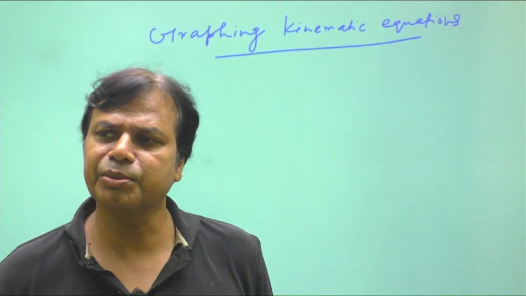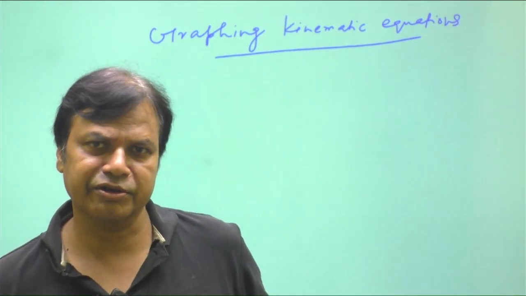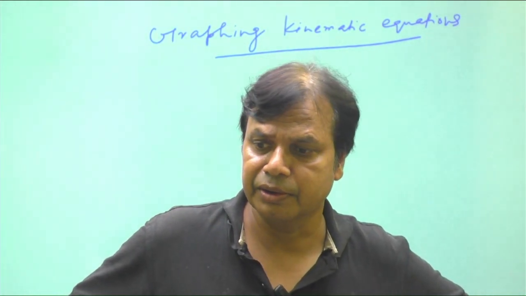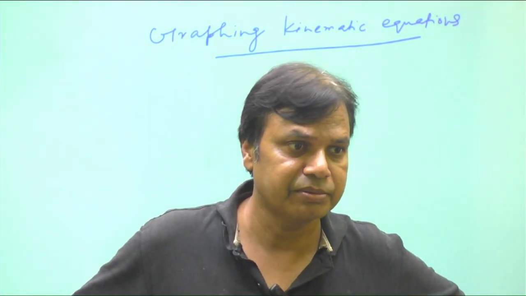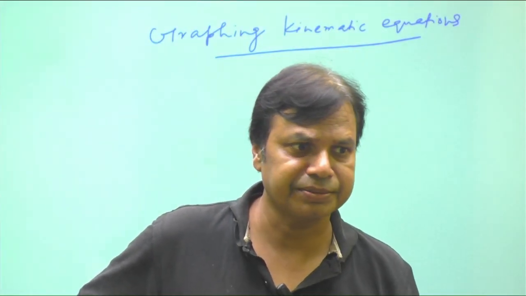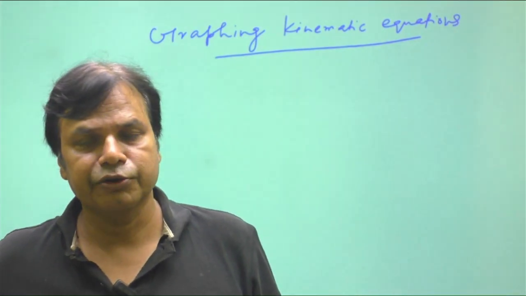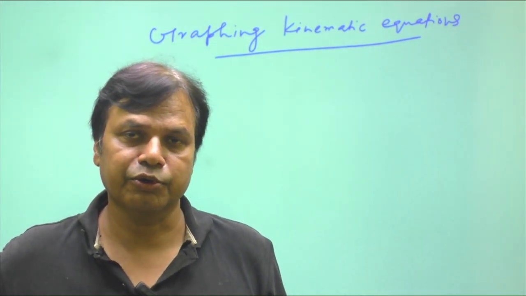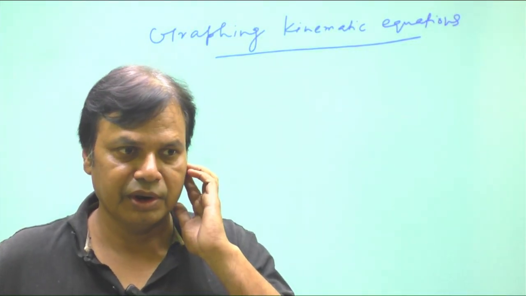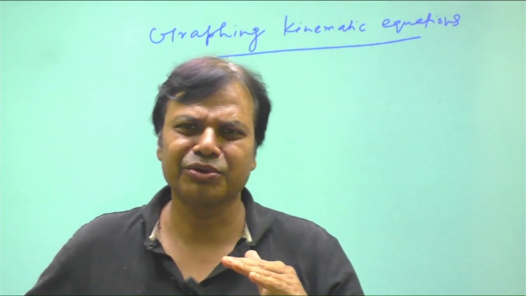It might be possible that you are not able to understand a few terms I am describing here, like continuous and differentiable. But I want to tell you one thing: it is not very difficult to graph equations in physics. You need to know some basics.